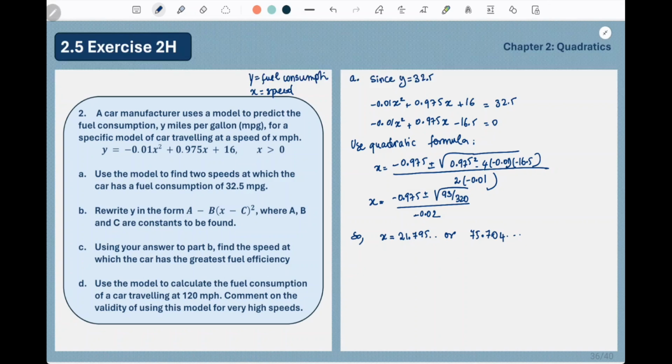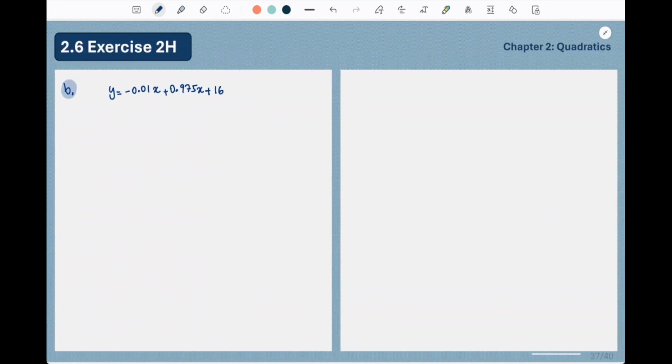So x is the speed, hence why we found the two speeds they asked us. So the speeds at which the car has a fuel consumption of 32.5 miles per gallon are 21.8 and 75.7 miles per hour.